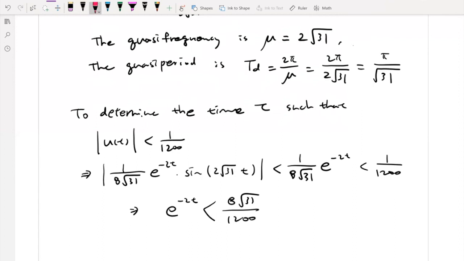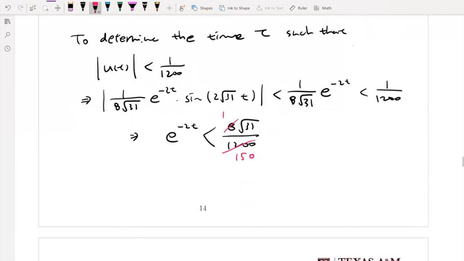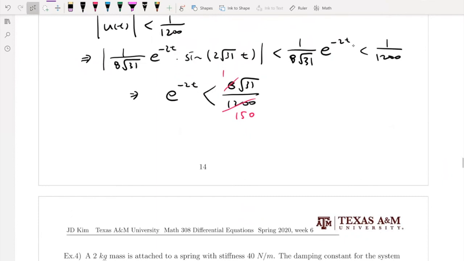Divide by 8 top and bottom, which gives 1 over 150. Let me take the reciprocal of this one. e to the 2t must be bigger than 150 over square root of 31.